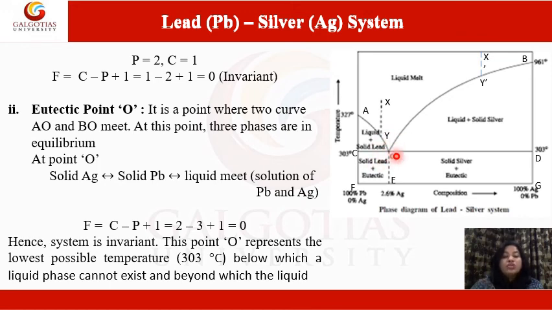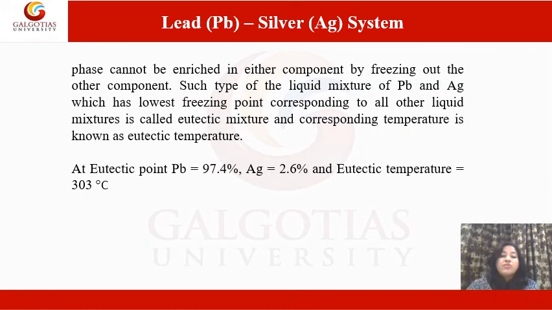So, this point O represents the lowest possible temperature, that is 303 degrees Celsius, below which a liquid phase cannot exist and beyond which the liquid phase cannot be enriched in either component by freezing out the other component.